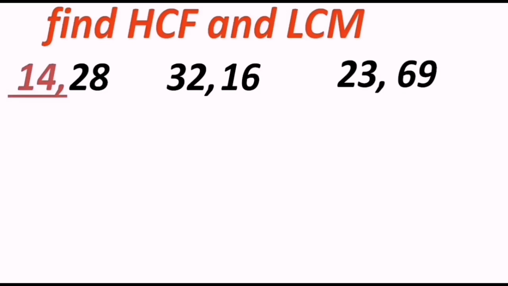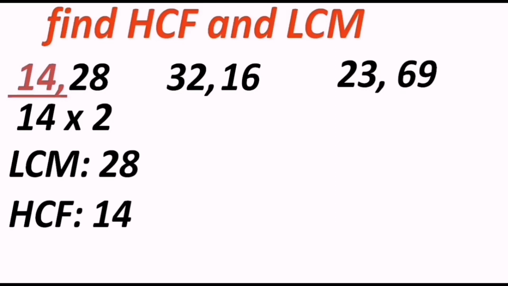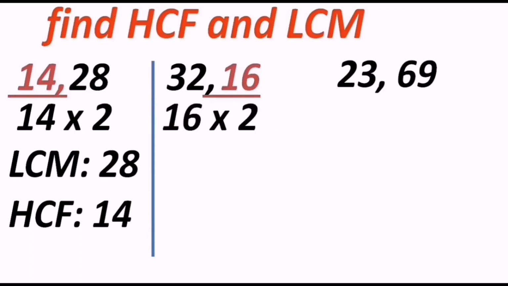Check out over here. First question, 14 is the smaller number, and in 14's table we get 28, right or not? Yes, 14 twos are 28, and that is why the bigger number, 28, will be the LCM, and the smaller number, 14, will be the GCD or the HCF. Isn't it nice? Check out the second pair, 32 and 16. The smaller number is 16, so we go to the table of 16. In 16's table, 16 twos are 32, right?